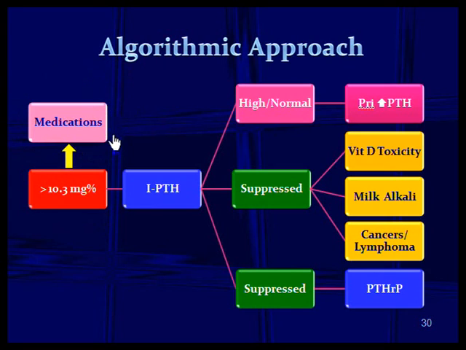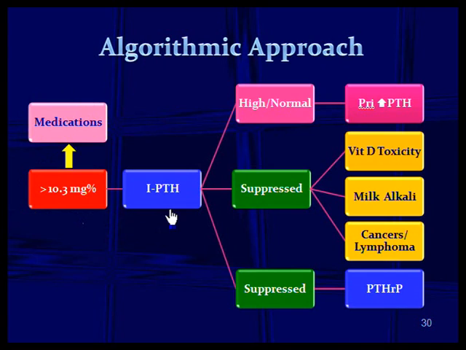But of course, if we do not have anything in the history suggestive of any medications causing hypercalcemia, then we have to order the test called IPTH, also called intact PTH. The serum has to be examined. Take the patient's blood, separate the serum and put it in an ice box and send it for IPTH.